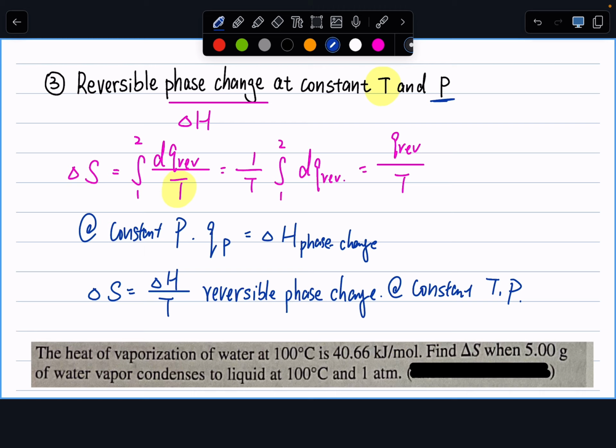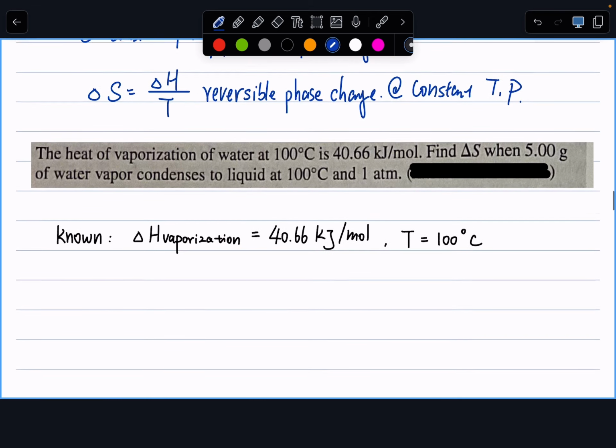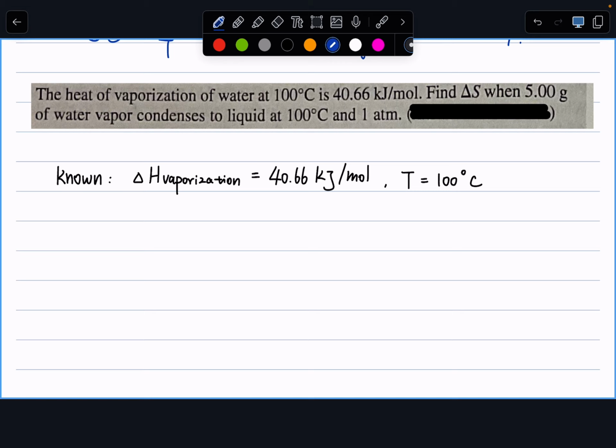So some kind of example question for this setup is, again, instead of telling you this is a reversible phase change at constant T and P question, you might encounter this kind of question. If we read it, we're saying the heat of vaporization of water at 100 degrees Celsius is 40.66 kilojoule per mole. Find delta S when 5 grams of water vapor condenses to liquid at 100 degrees Celsius and 1 atm. Right, so reading the question, we can write out, what do we know? We can write out delta H of vaporization equals 40.66 kilojoule per mole.